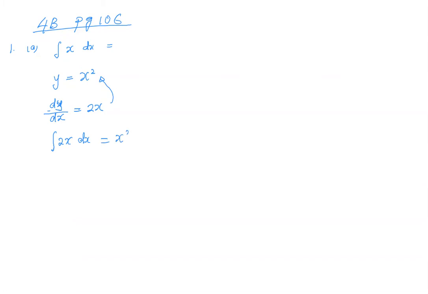So now this is 2 times the integral of x dx, so I can divide by 2, correct? The whole equation. So this one will become x squared divided by 2 plus c. Am I right?